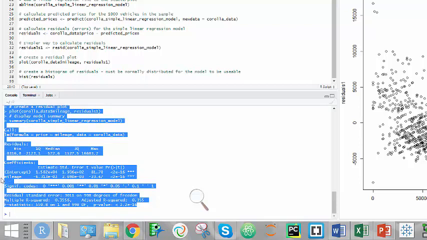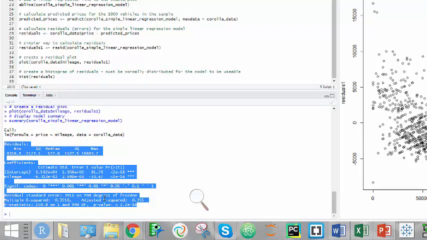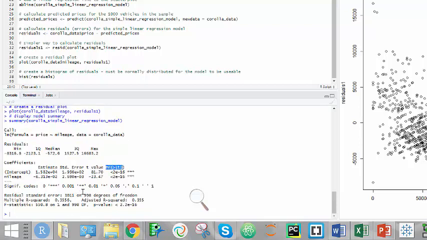And let me tell you right off the bat that p-values are found in the last column where it says Pr, probability greater than absolute value of t, okay? Last column. The first column where it says estimate, that's where we find our intercept and the slope for the regression equation, right? In the last column where it says probability greater than t, that's the p-values, okay?